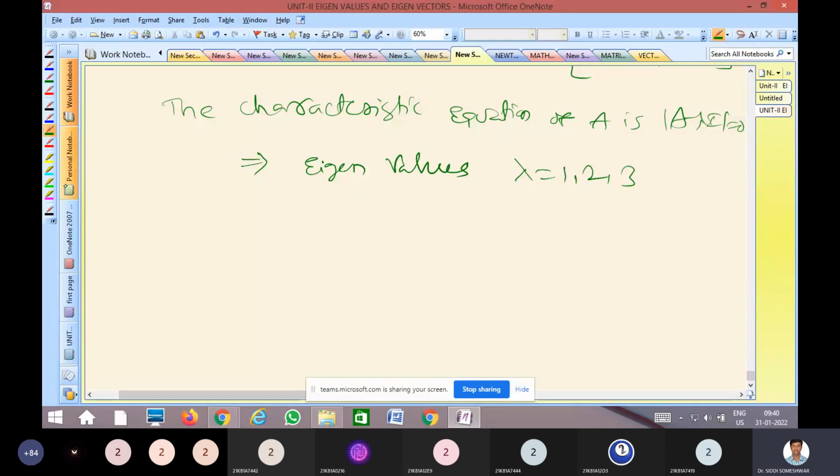Then we need to find the eigenvector corresponding to each eigenvalue. Corresponding to 1 the eigenvector is 0, minus 1, 1; corresponding to the eigenvalue 2 it is 1, 0, 0; and corresponding to the eigenvalue 3 it is 0, 1, 1.